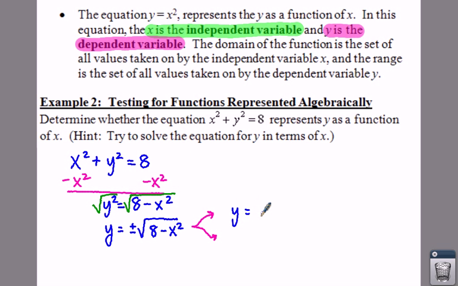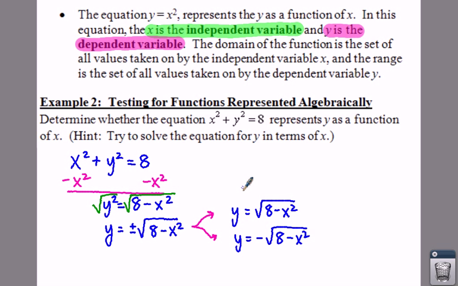You have where y is equal to the positive square root of 8 minus x squared, and where y is equal to the negative square root of 8 minus x squared. So if we're trying to determine whether this represents y as a function of x, that is a no.